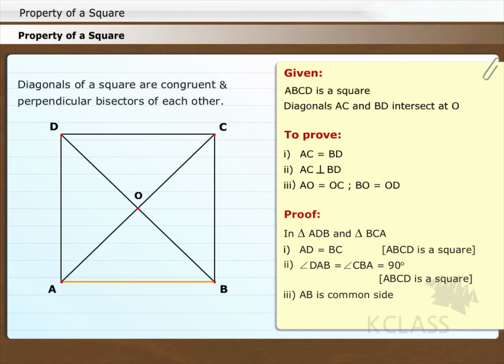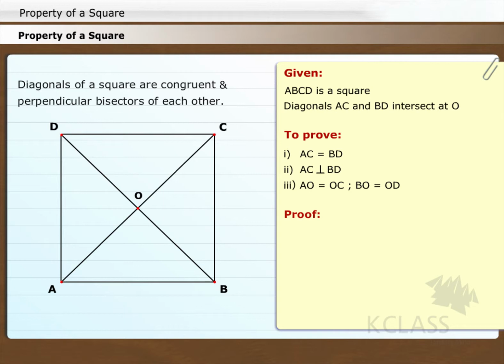AB is common in both triangles. Therefore, the triangles ADB and BCA are congruent by side-angle-side rule. Therefore, AC is equal to BD because they are the corresponding sides of congruent triangles.